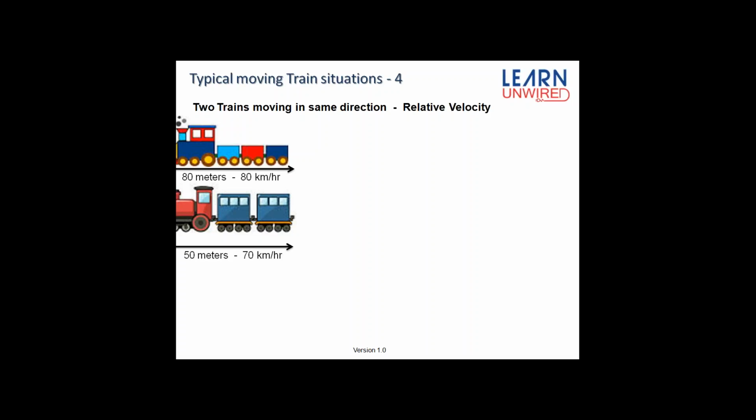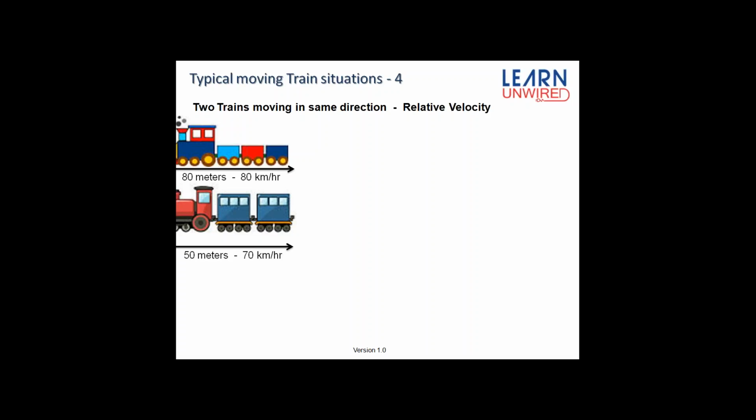Now, let's come back to this situation. What will be the distance traveled by one train to cross the other? It will again be the summation of the lengths of both trains. Here it is 80 and 50, so the distance traveled by the faster train to cross the slower train is 130 meters. What speed will it cross at? Here the speed will be the difference of both the speeds. The difference is 80 minus 70, that is 10 kilometers per hour.